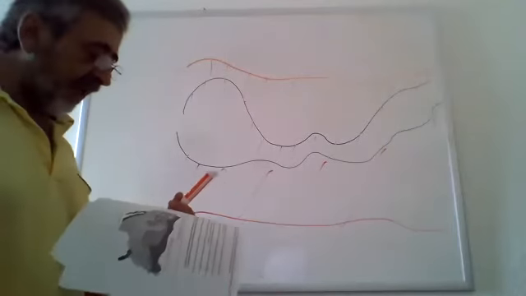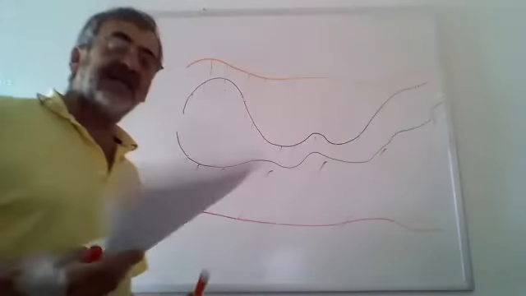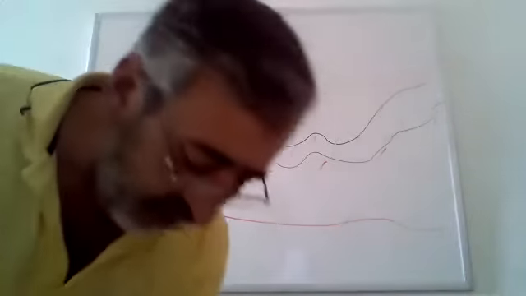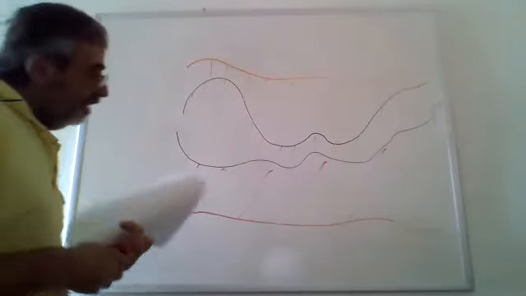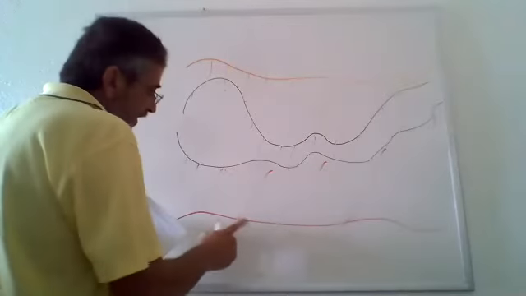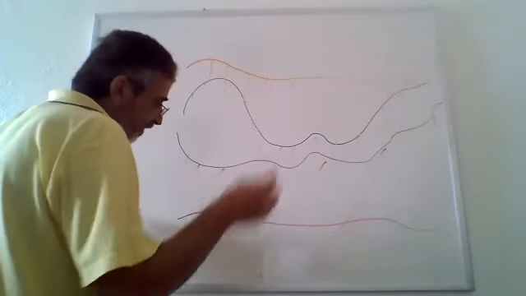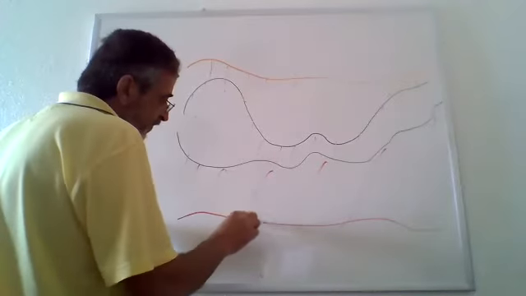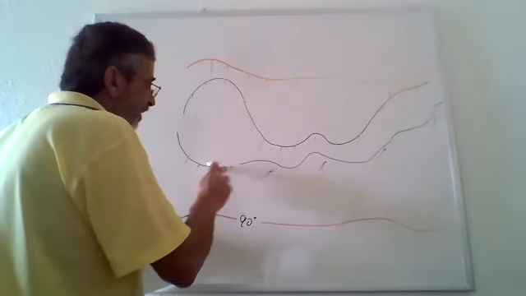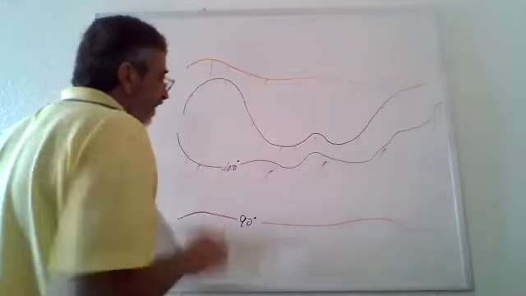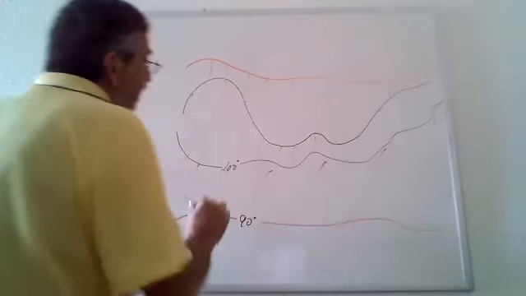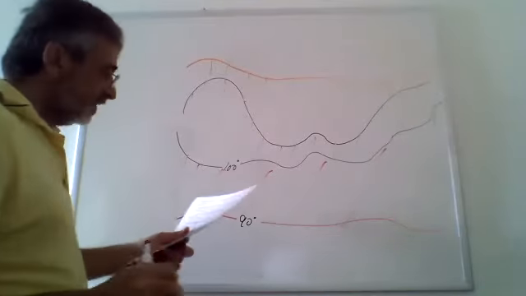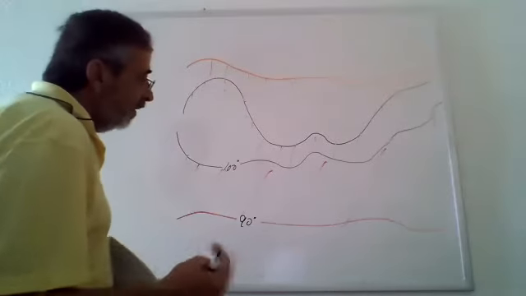Now, each region basically represents some kind of degree, okay? For example, we could say the red region is from, say, 92 degrees to 100. Then we have 100 degrees. We need to put it in a process where it's color coded.